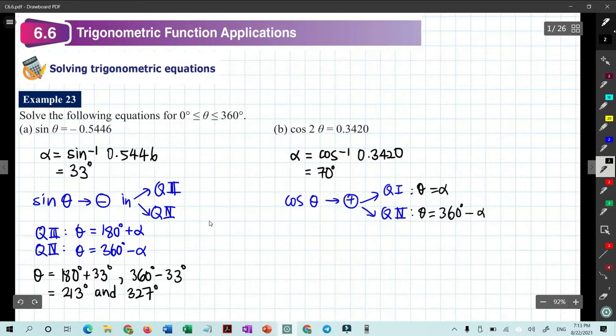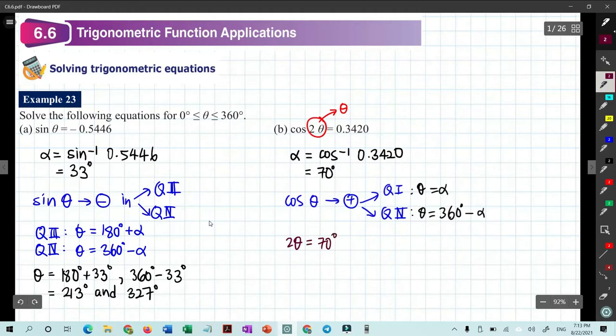So in this case, 2 theta itself is going to be theta in this formula. Therefore 2 theta is equal to 70.